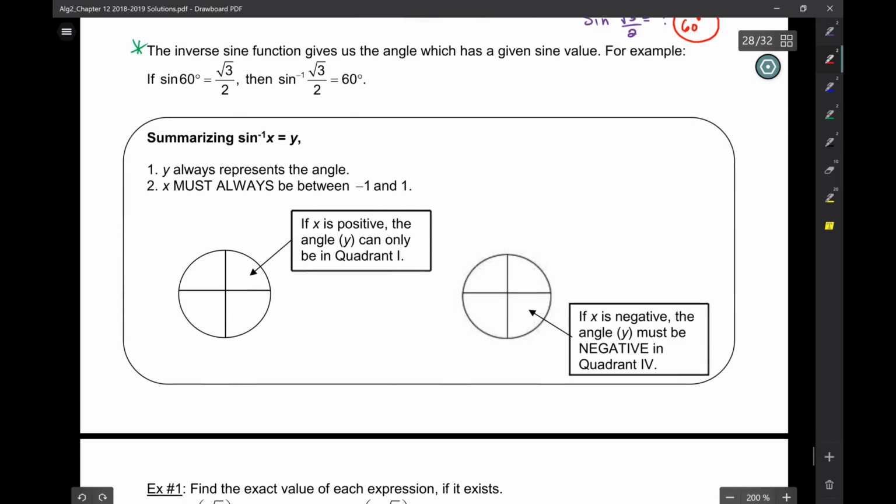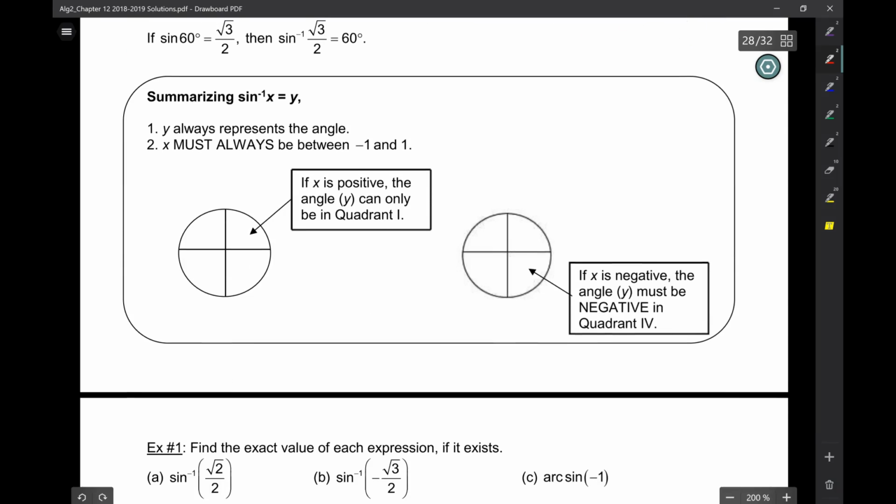Okay, let's talk about some of the rules here. The questions are going to look like this. For example, inverse sine of 1/2 is equal to some number y. That number y is always the angle.